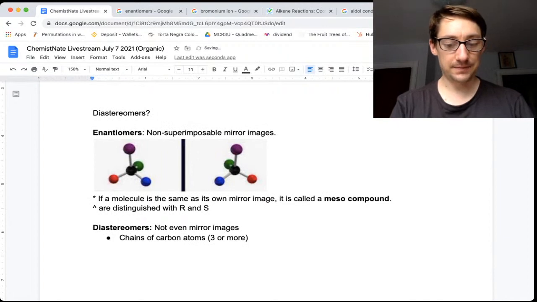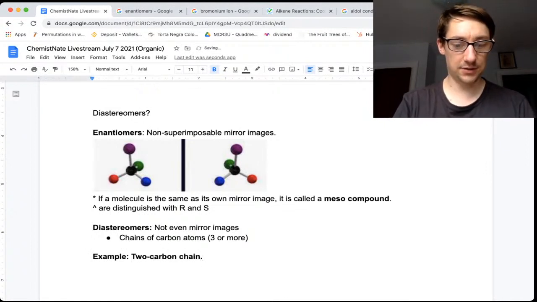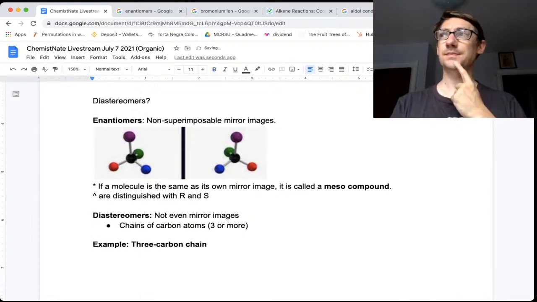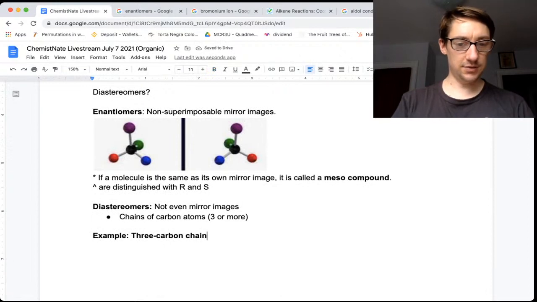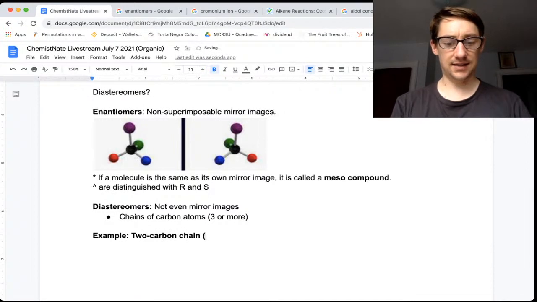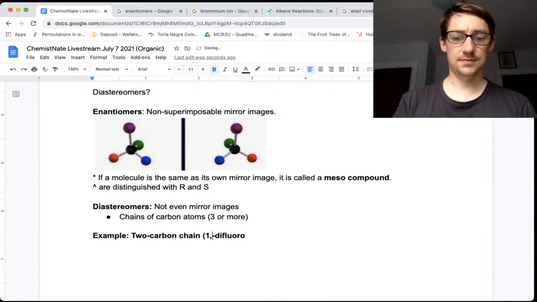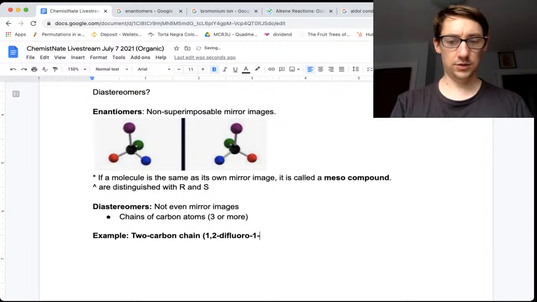Let's say you have a 2-carbon chain, and we're going to make it 1,2-difluoro, 1-chloro, 2-iodo-ethane.